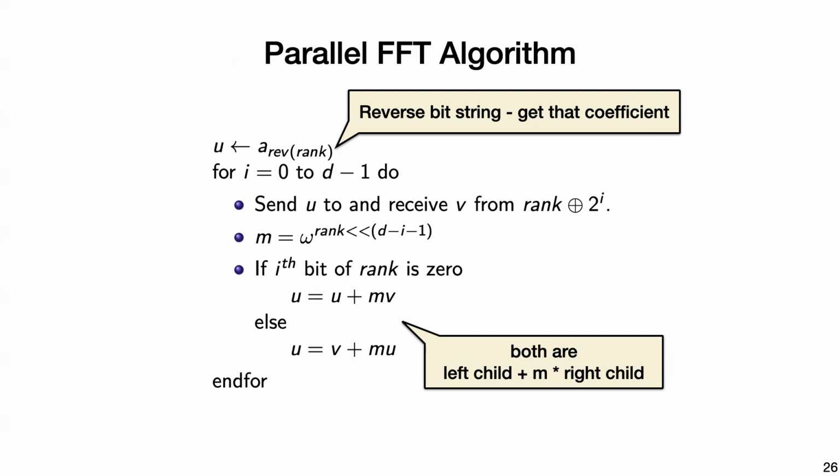What we are sending and receiving is U and V, but the computation that is happening is U plus MV, or V plus MU, where M is some power of omega, and this flipping of U and V just depends on who is the left and who is the right child.